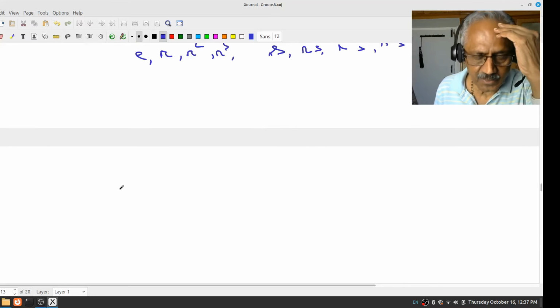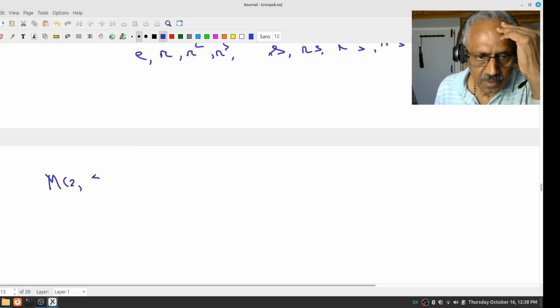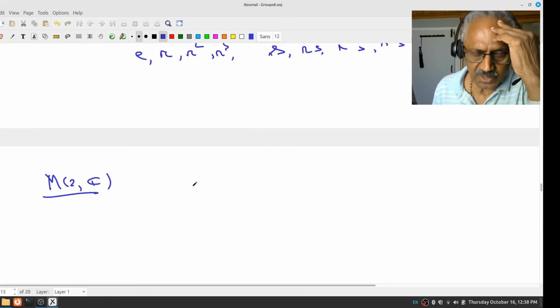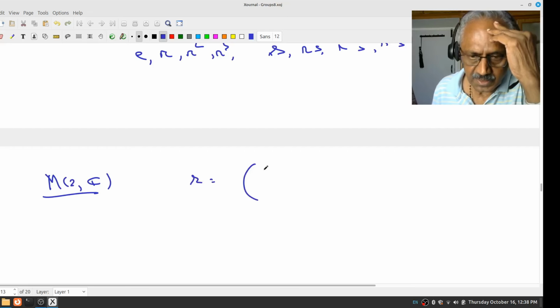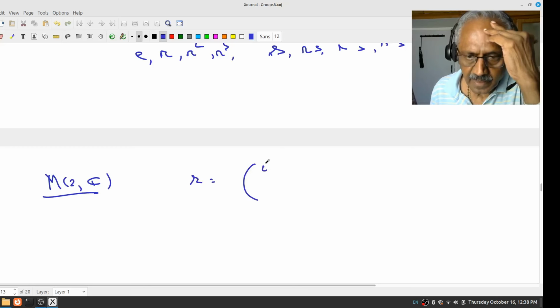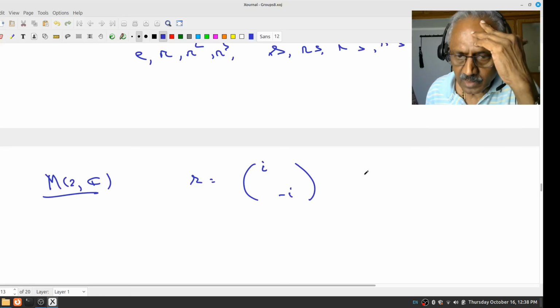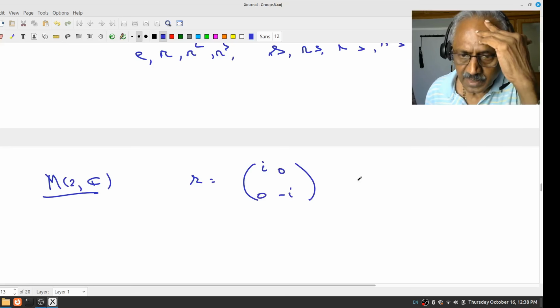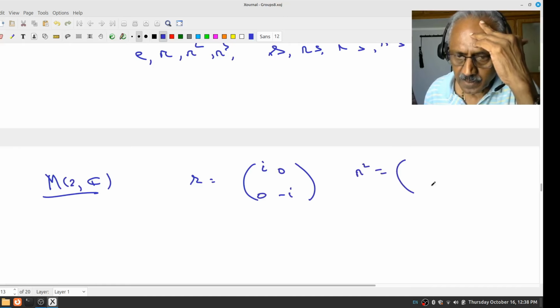And there is yet another way. Let us look at 2 by 2 matrices, only these matrices. Look at the matrix R, which is diagonal with i and minus i, right? Now it's a diagonal matrix, therefore what is R squared? Minus 1, minus 1.